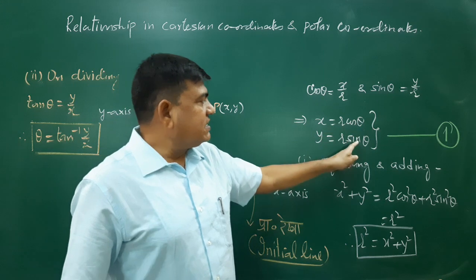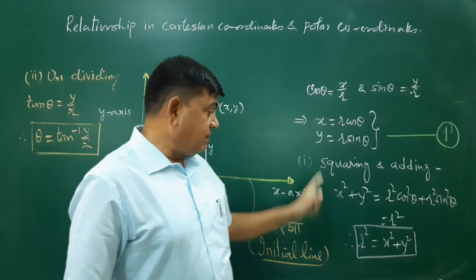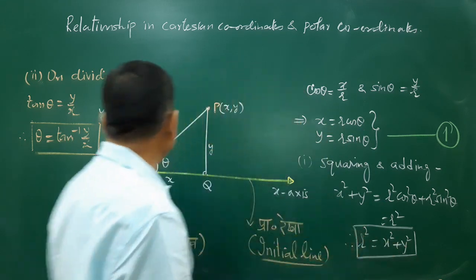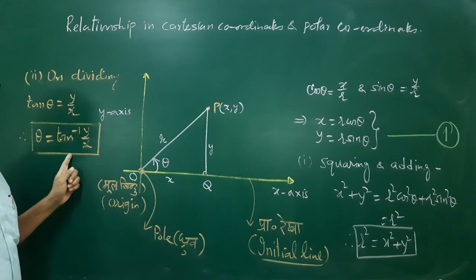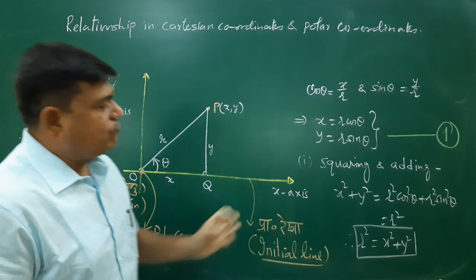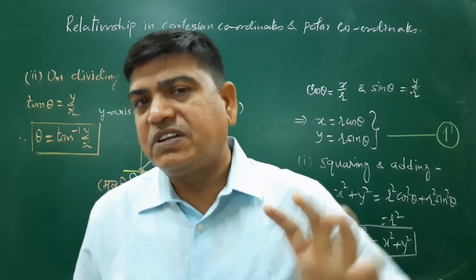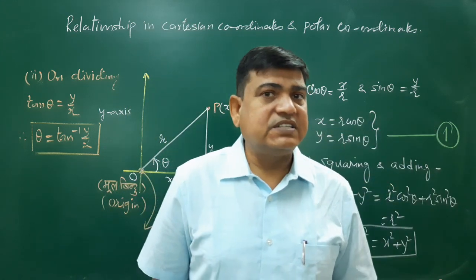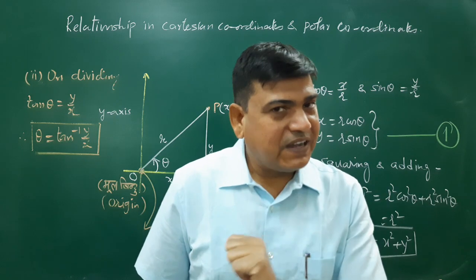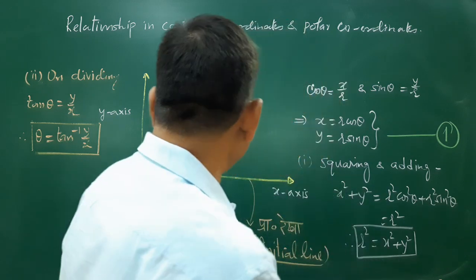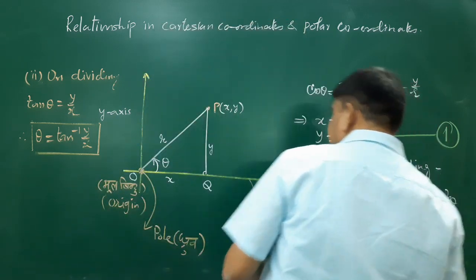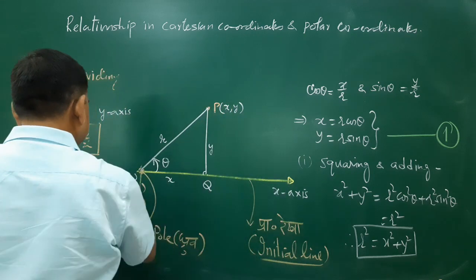If we know r and theta, we can find x and y, and if we know x and y, we can find r and theta both. So this is very important. If you are given Cartesian coordinates, you can find the corresponding polar coordinates, and if polar coordinates are given, you can find the Cartesian coordinates. Okay? So let us consider one example.